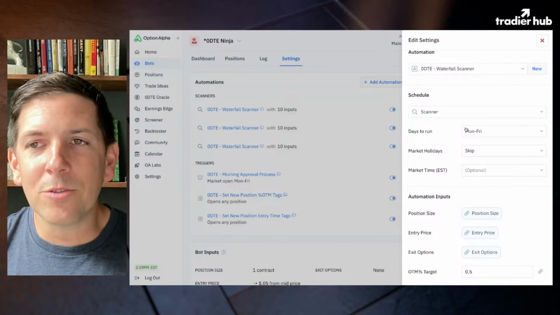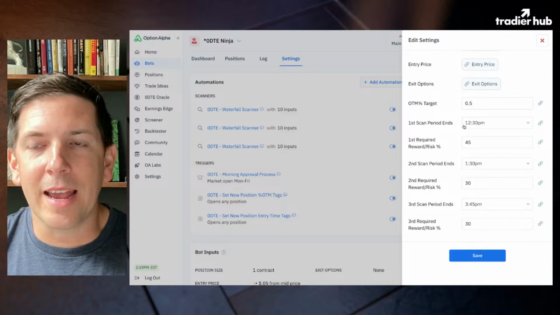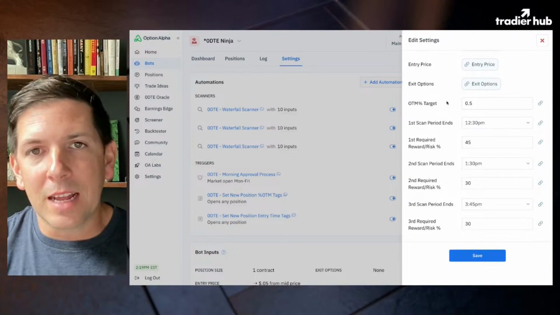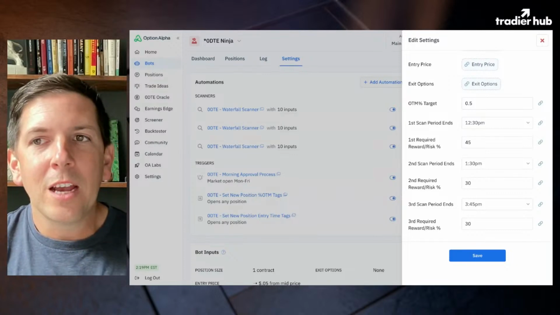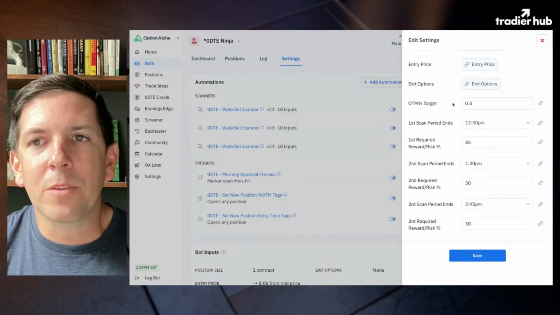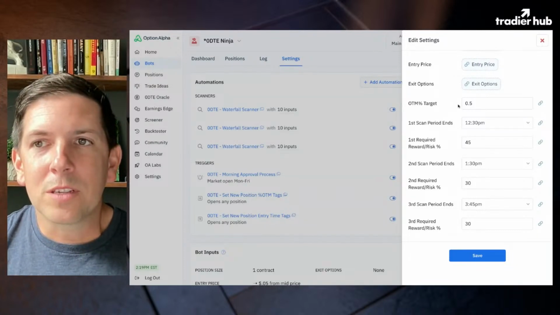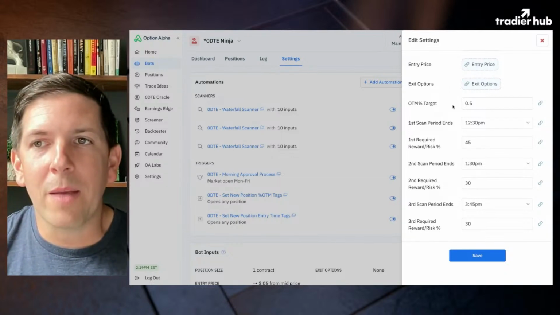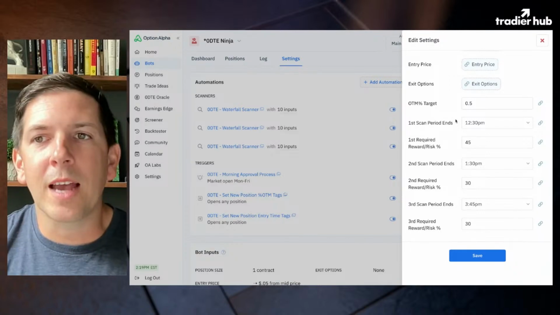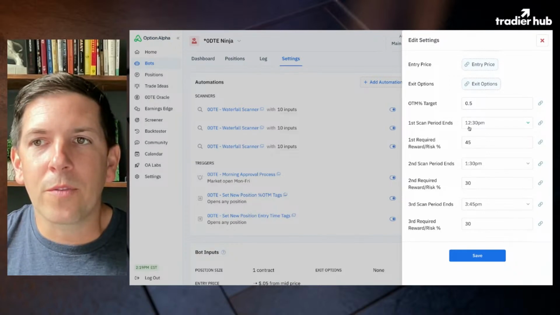The way that I do it inside of my scanner automation is I actually have different sets of times that I am willing to make trades. So it's a little bit different than just focusing on one time, but the way that I have mine set up is that, if I'm looking at a position that's selling some premium, say 0.5% out of the money, I will allow the bot to scan from the morning time period until about 12:30.